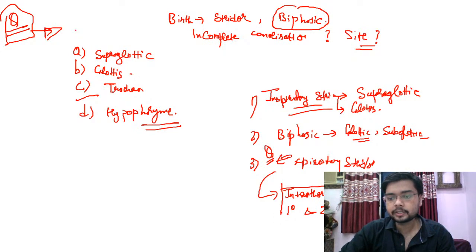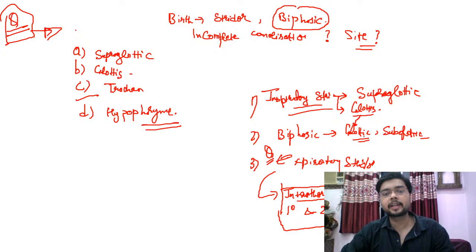We had already discussed that up to the secondary bronchi you will get a stridor, and obstruction in the intrathoracic trachea, primary and secondary bronchi will produce an expiratory stridor. Inspiratory will be in supraglottic and glottis. Now glottis will also be present in expiratory because it is basically biphasic. So biphasic is glottis and subglottis.